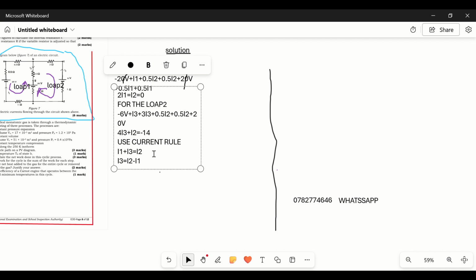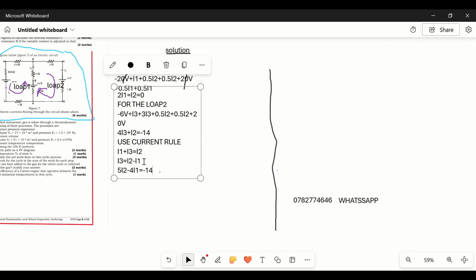So we can replace this in this equation here, and finally we have 5I2 minus 4I1, which will give us negative 14.